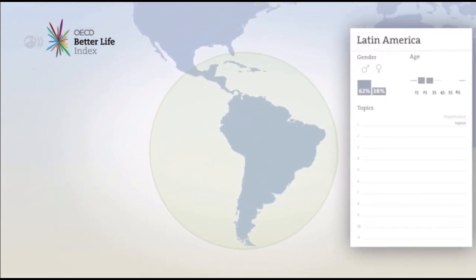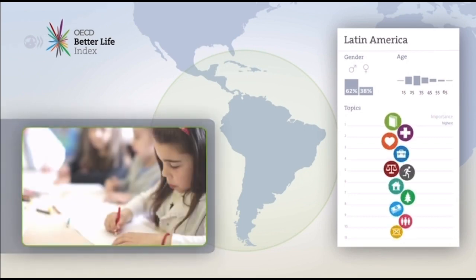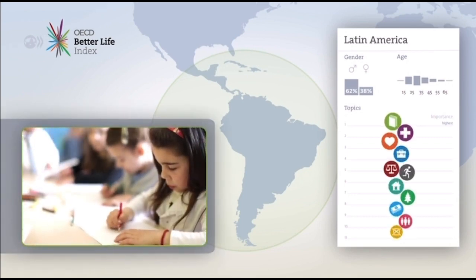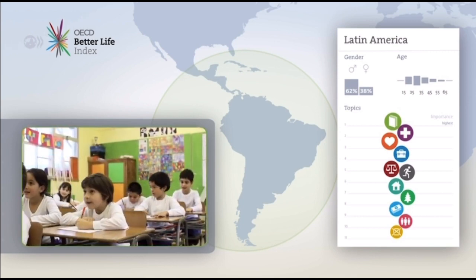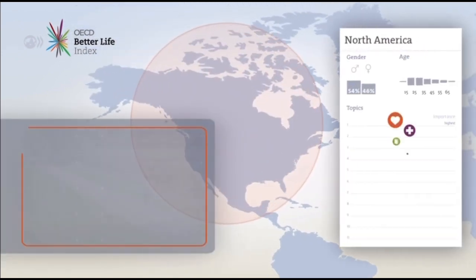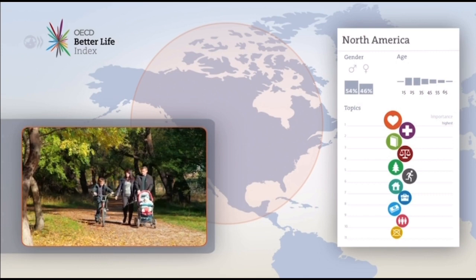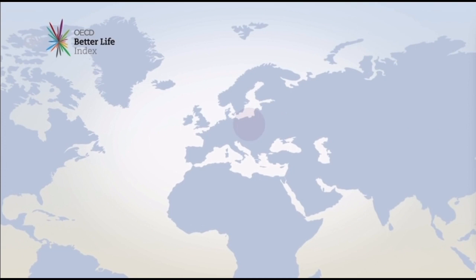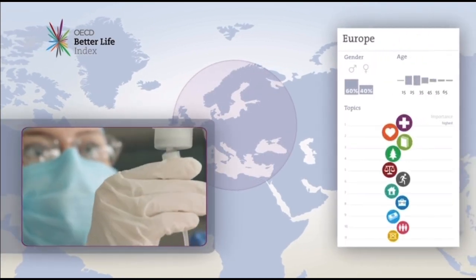Their responses show that people in Latin America, eager for their children to have the best opportunities, are more likely to rate education as the most important out of 11 life factors. In North America, life satisfaction and work-life balance are top priorities. While in Europe, the main concerns are health, education, and the environment.